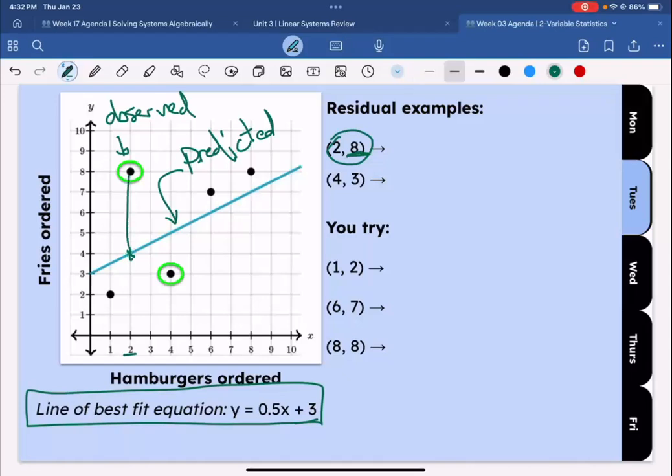So if I'm going from 8 down to 4, we'd go from 8 minus 4, because we have observed minus predicted.